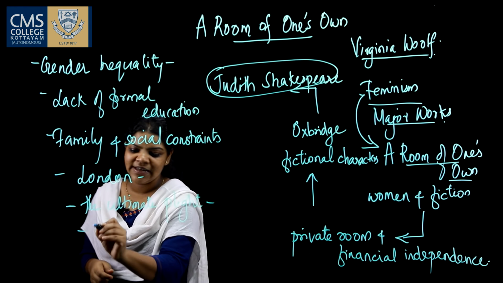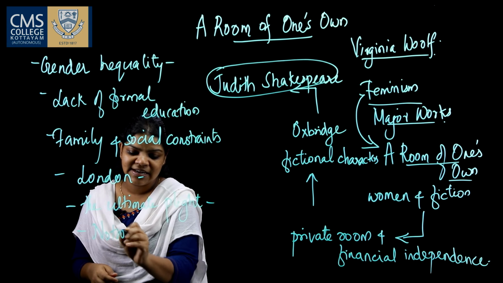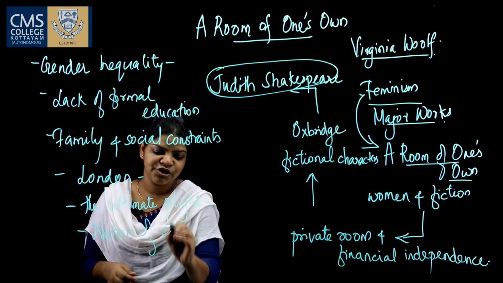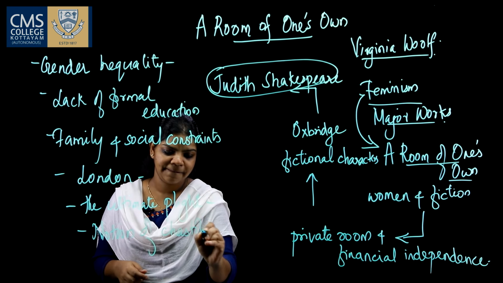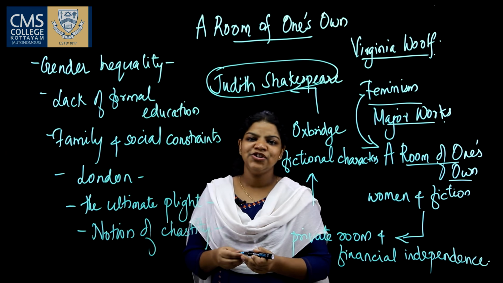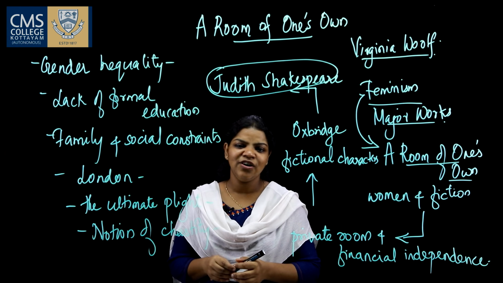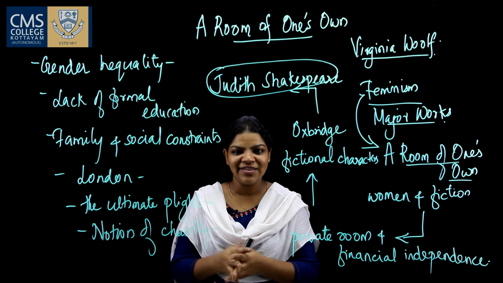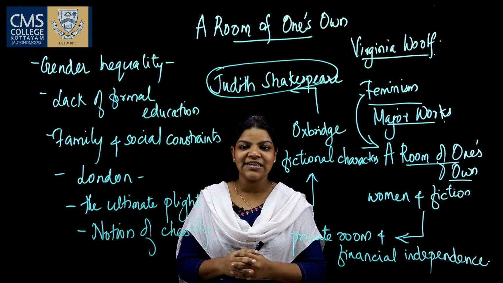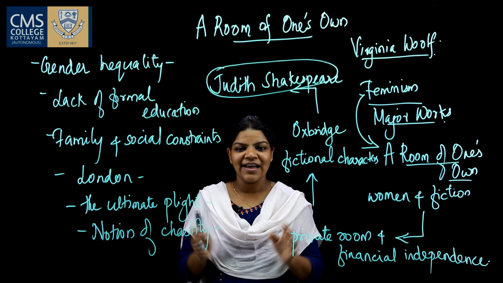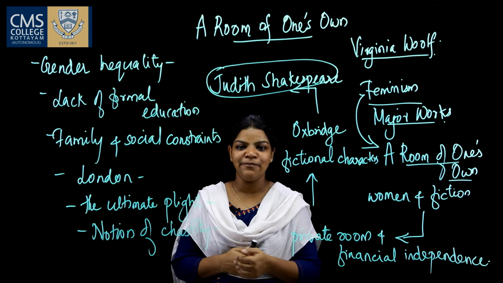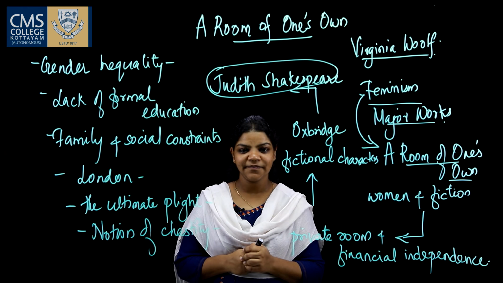Another important thing that we need to look at is the notion of chastity. Chastity is something which is always imposed on women. Not that it is not a good thing, but then chastity was given certain religious importance during those times.